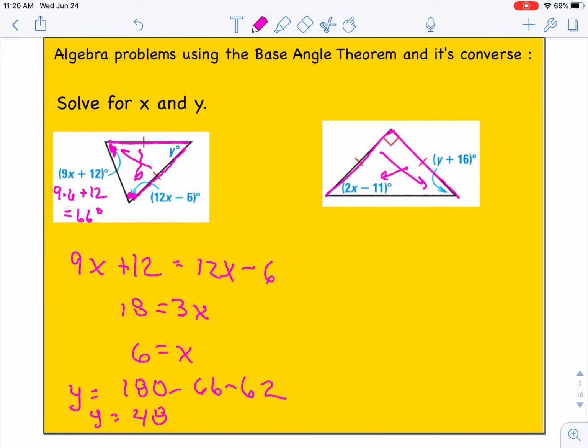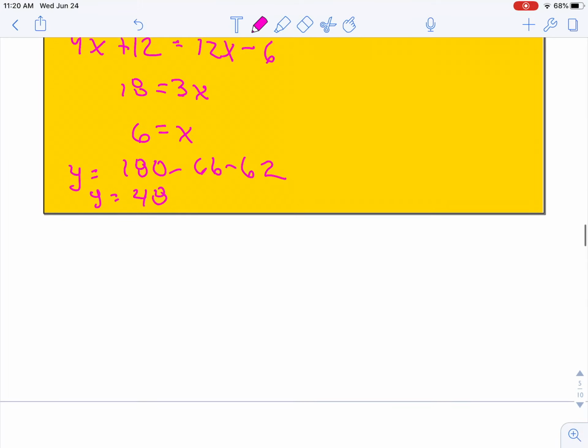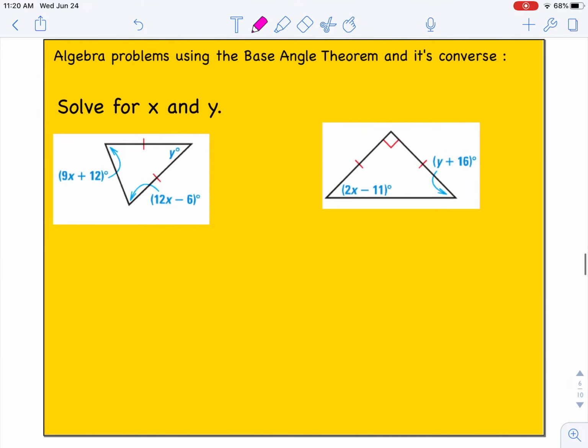So what we need to do here is set up a system of equations to solve this. That might be a little bit beyond where we want to go in this video lesson, but you can go back and see if you could set this up and know what to do, and then check out the notes and see if you were able to set this up correctly and solve using a system of equations.